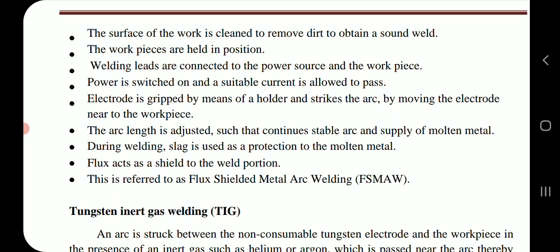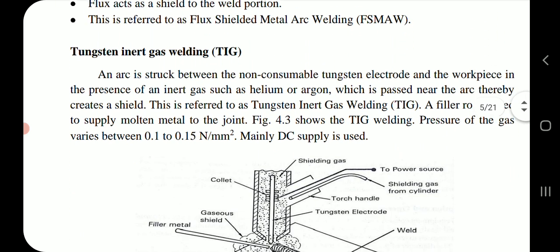The arc length is adjusted such that a continuous stable arc and supply of molten metal is maintained. During welding, slag is used as a protection to the molten metal. Flux acts as a shield to the weld portion. This is referred to as flux shielded metal arc welding.